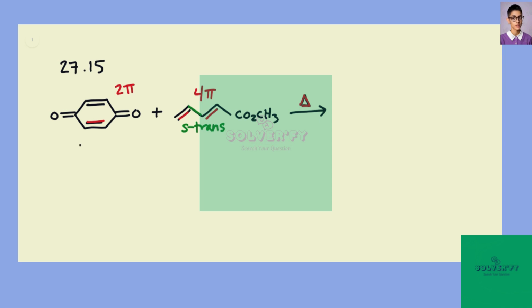So let's redraw our diene in the S-cis conformation. And now we can draw our mechanism arrows to see what our product will look like for the answer to part A of this problem.